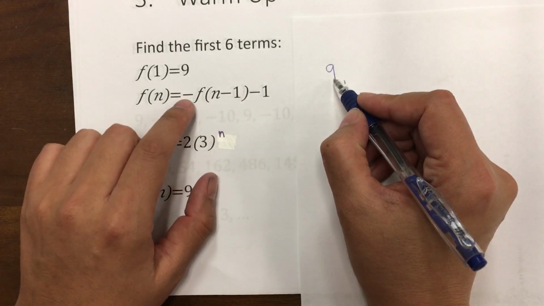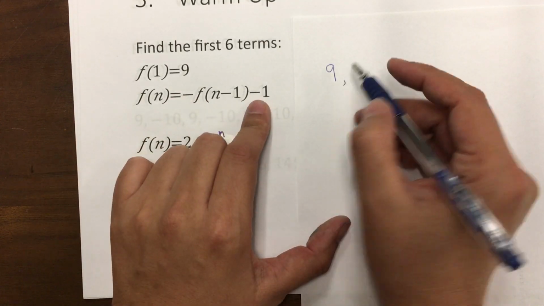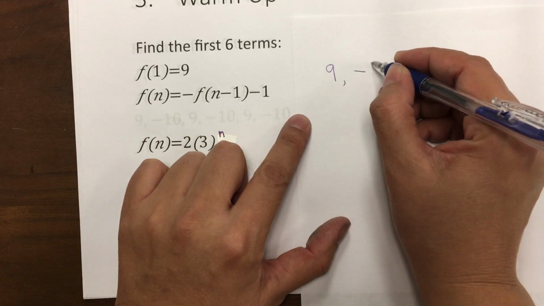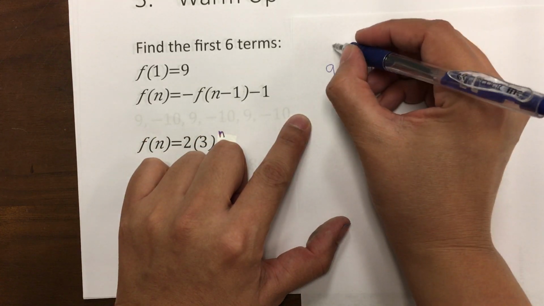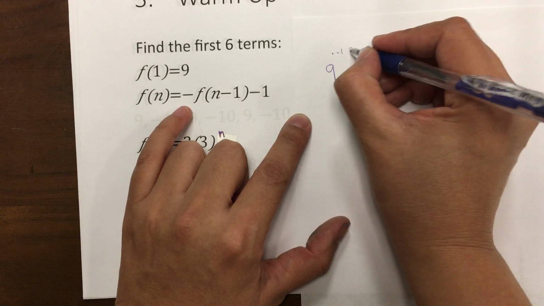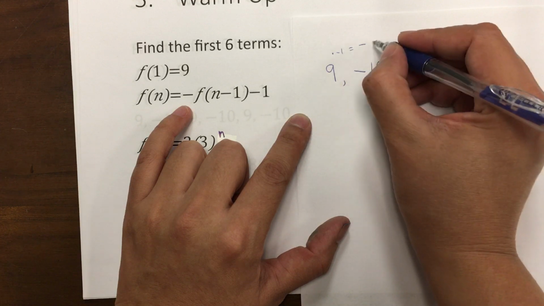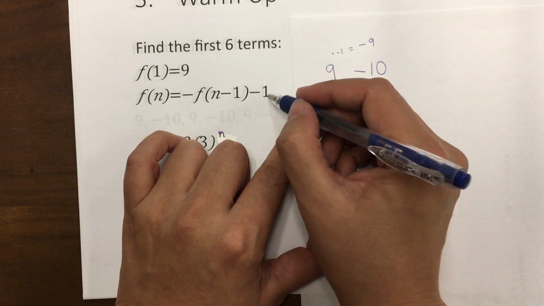So 9 times -1 is -9, minus 1 is -10. Okay, again, the first thing I do is multiply by -1, so that gives me positive times negative, negative. 9 times 1 is 9, and then it says subtract 1.